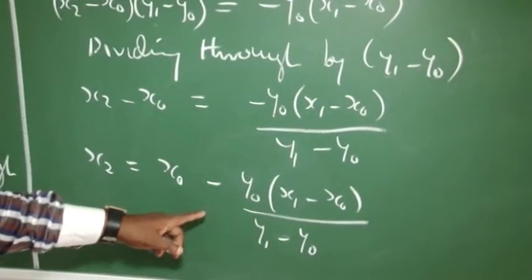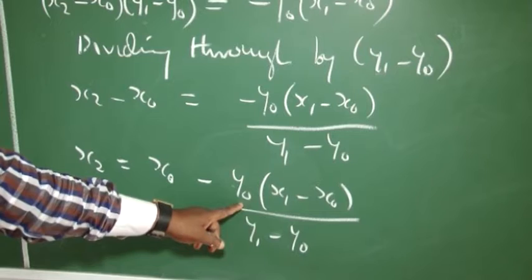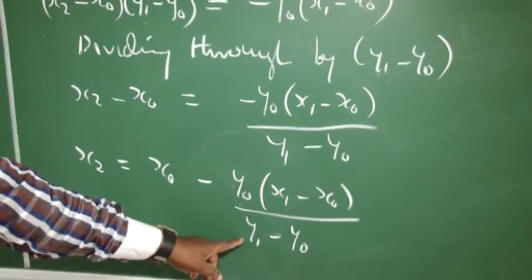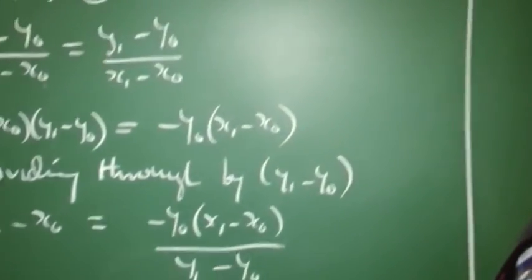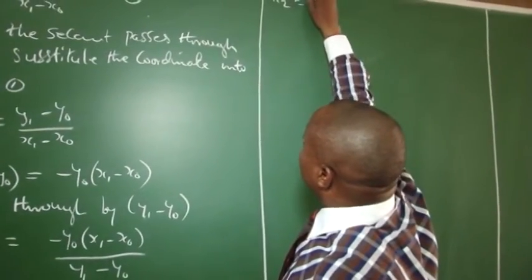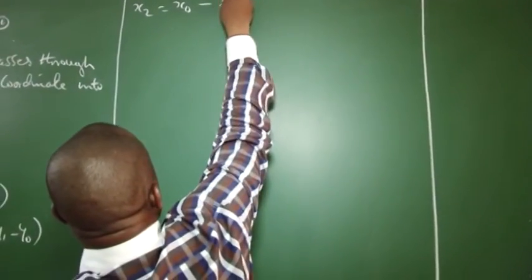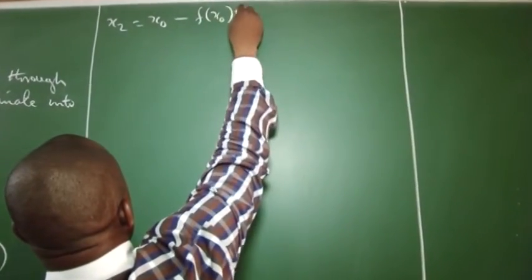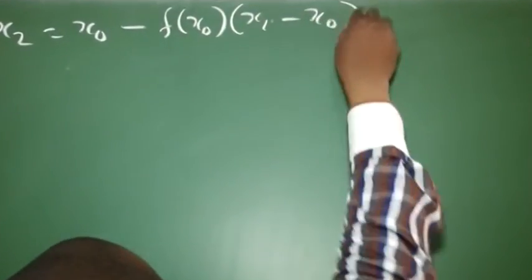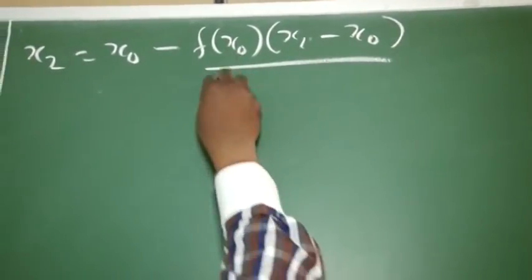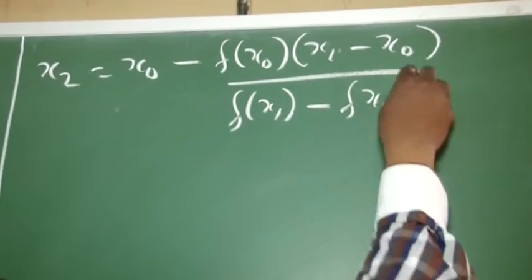Now, if we let y subscript 0 to be f of x0, y subscript 1 to be f of x1, we'll have something like this. That x2 will be x subscript 0 minus f of x subscript 0 times x1 minus x0 over f of x1 minus f of x0.